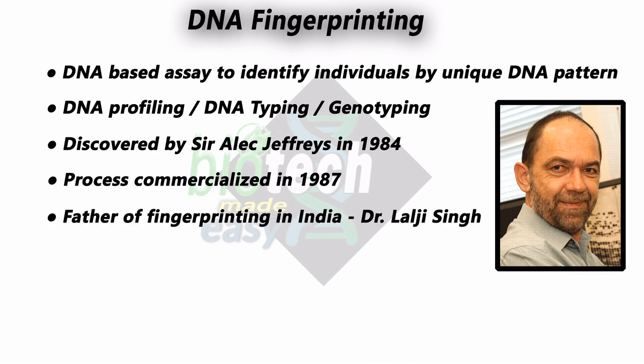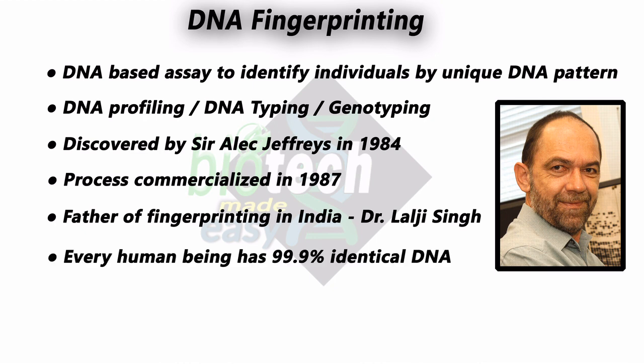In India, it was started by Dr. Lalji Singh. That's why he is known as the father of DNA fingerprinting in India. He developed a probe in 1988. Thus, India became the third country after the UK and USA to use this technology.